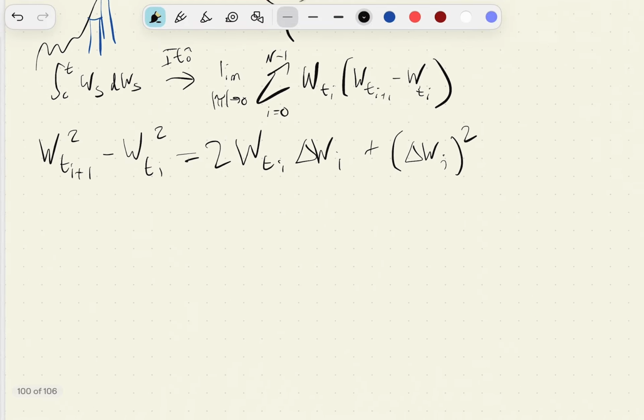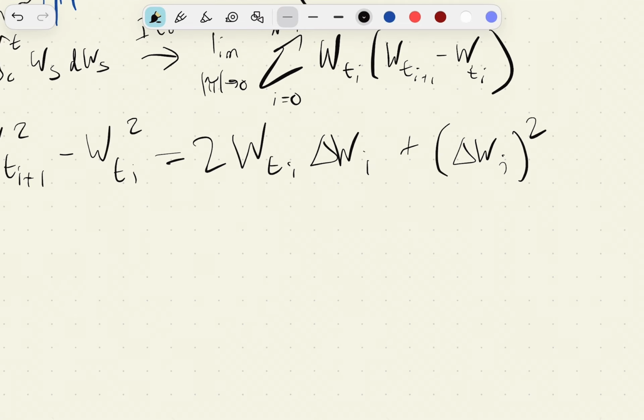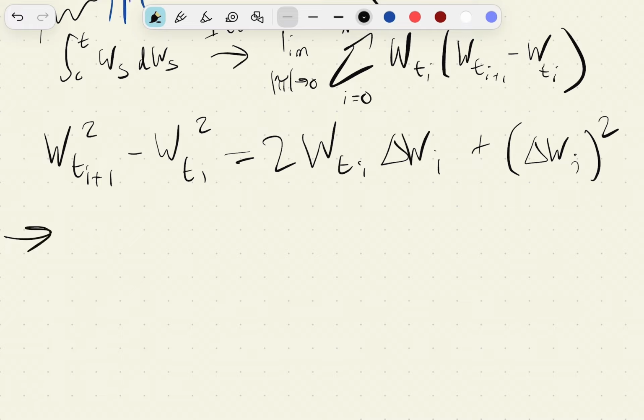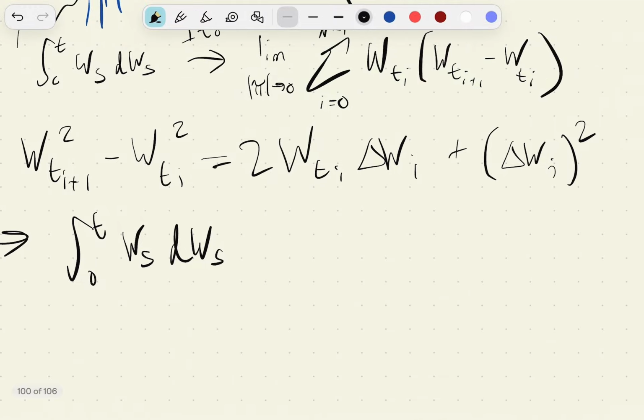All right, and this will yield in a mean square limit, because we have to redefine the limit for random processes. This would give us that the integral itself will be 1/2 of the process varying with time, okay? And of course, that just seems really simple, but we have to subtract off 1/2 t part of the term.